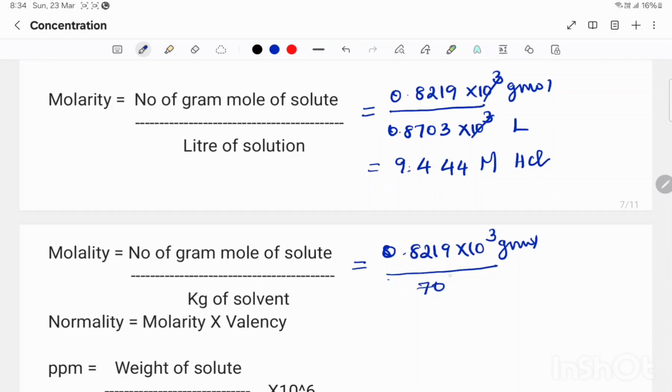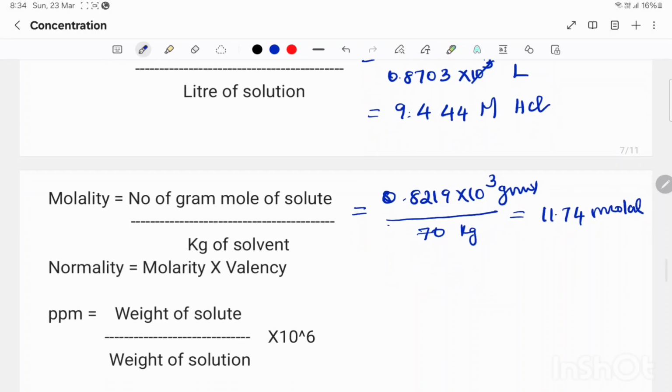So 0.8219 into 10 raised to the power 3 divided by 70 kg is 11.74 molal. So next, normality can be calculated by multiplying molarity into valence. So we know molarity is 9.444 and in the problem itself the valence is given as 1. So normality is 9.444 normal.